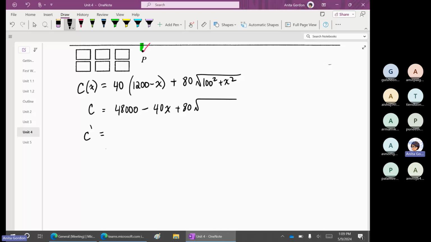Okay, this is going to give me, what's the derivative of the first bit? That's 0, so this is just negative 40. And then what would be this derivative?